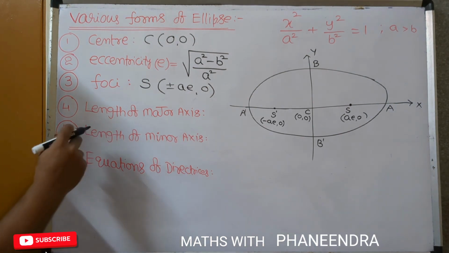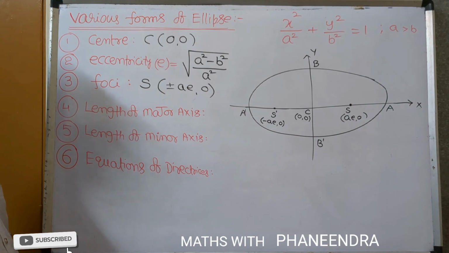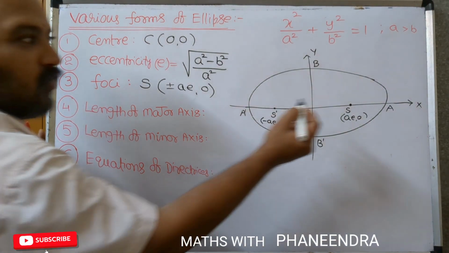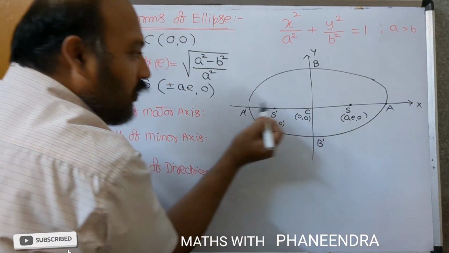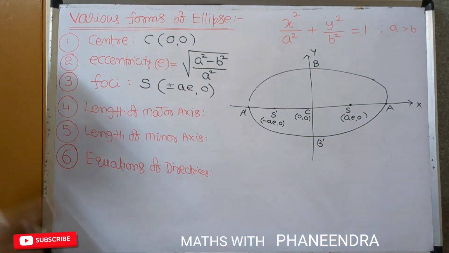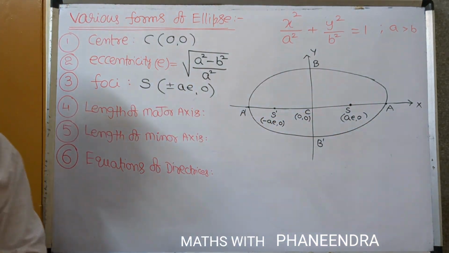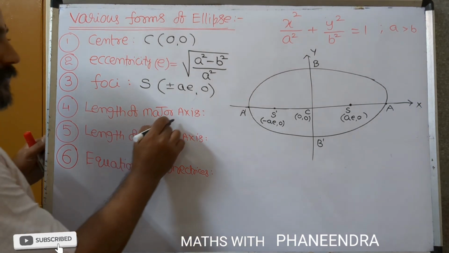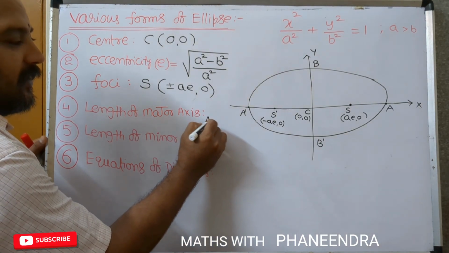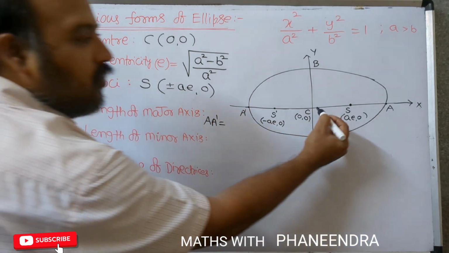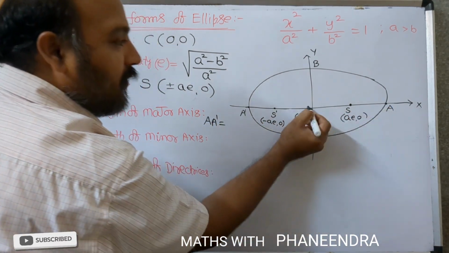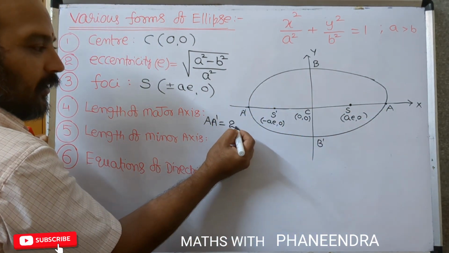Now the length of the major axis. From A to A dash is called the major axis. From here to here it is a units, and from here to here it is a, total 2a.